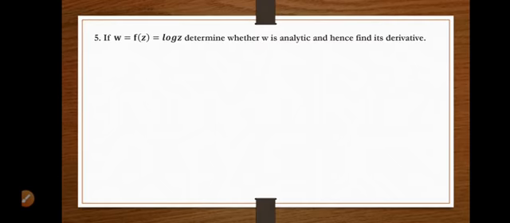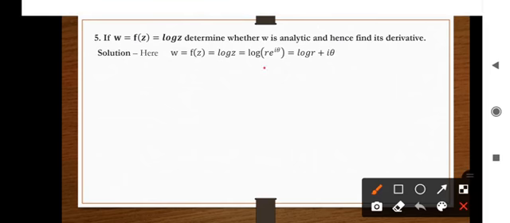Now let us move to the next example. Very similar example. Here the function is given as log z, and we have to find its derivative also. First part is to prove that the function is analytic. Since the logarithmic function is used, we are going to use the exponential form of the complex number z, which is nothing but r e raised to i theta.